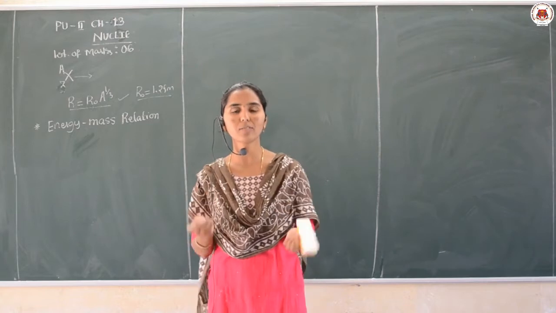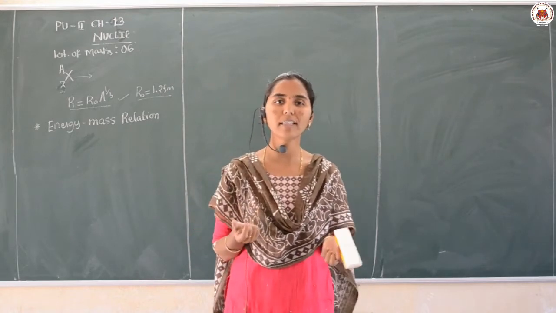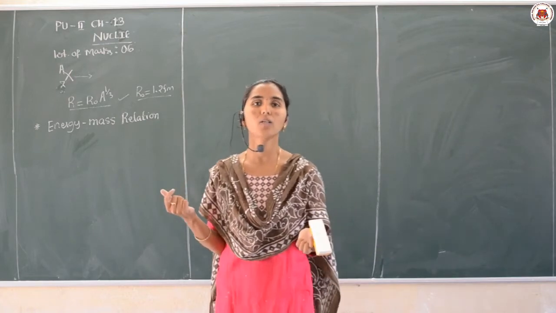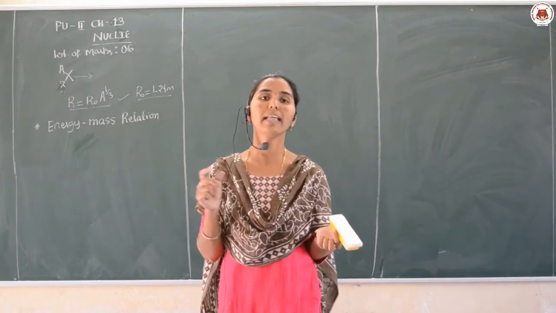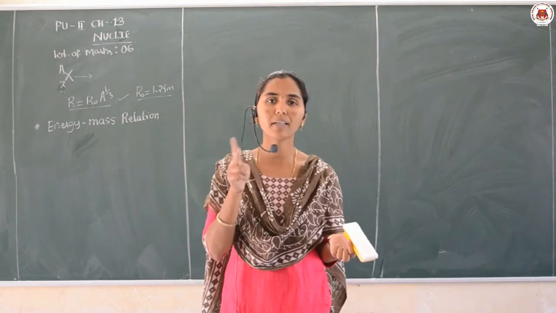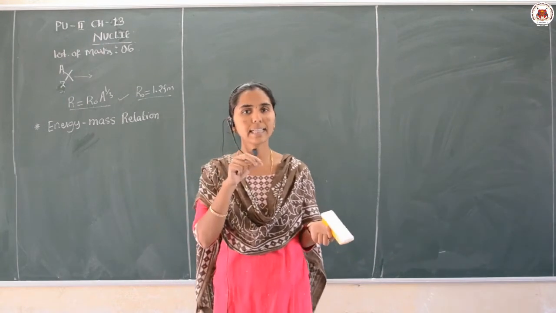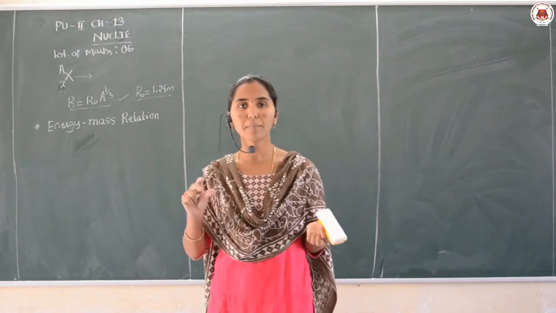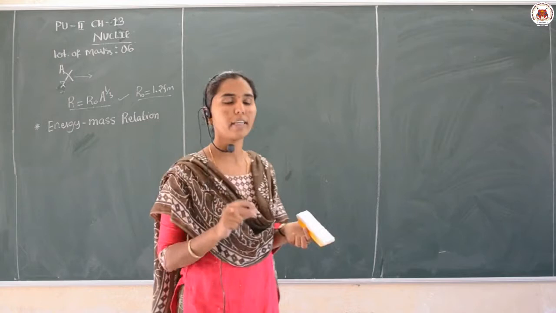By his expression, it is quite clear that in the case of nuclear processes, the energy and mass are interconvertible. Interconvertible means what? Energy can be converted into mass or vice versa, mass can be converted into energy.